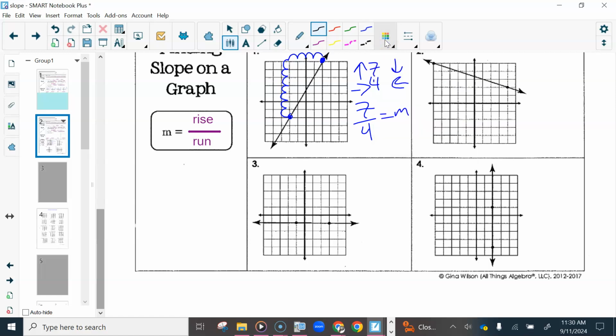Great. I said you can do it both ways. So you just have to do rise first, up or down first. If I start at this point, I'm just going to count straight down first: 1, 2, 3, 4, 5, 6, 7. So I'd be going down 7. That would make it a negative 7. And then to the left 4.